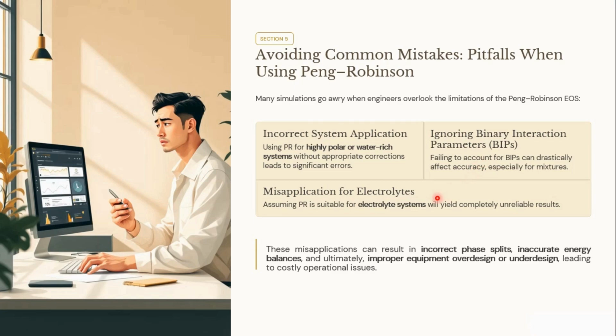You should not use it for electrolytic systems as it does not have any characteristic to represent electrolytic systems. These misapplications can result in incorrect phase splits, inaccurate energy balances, and ultimately improper equipment over design or under design, leading to costly operational issues.